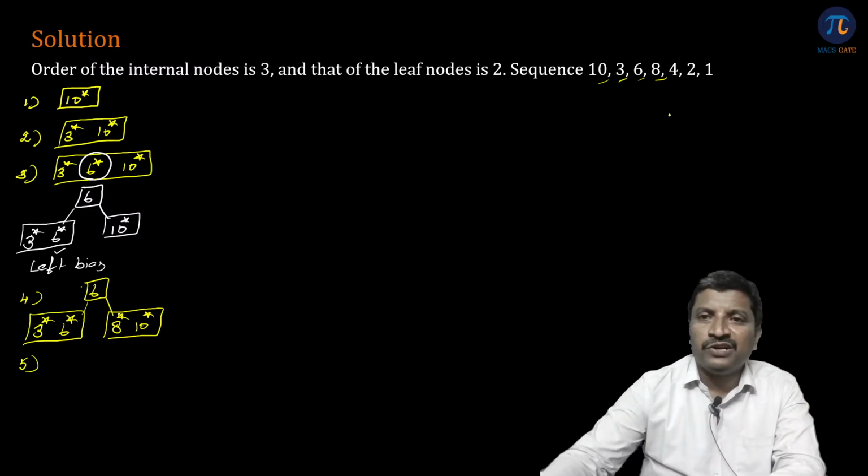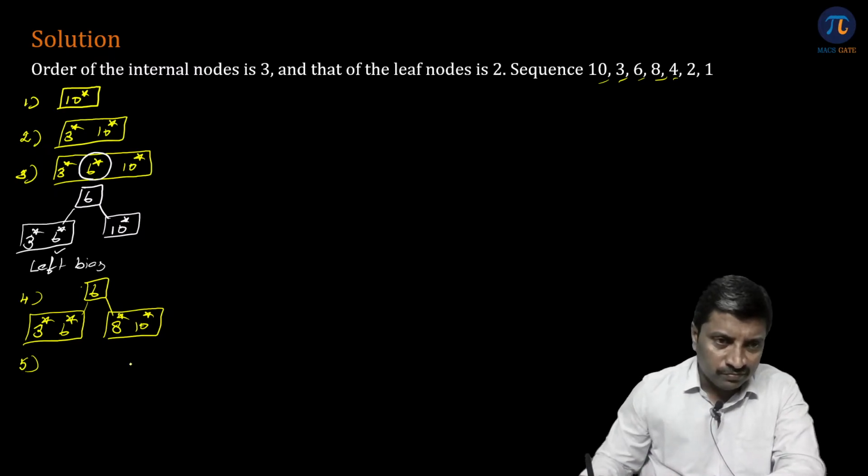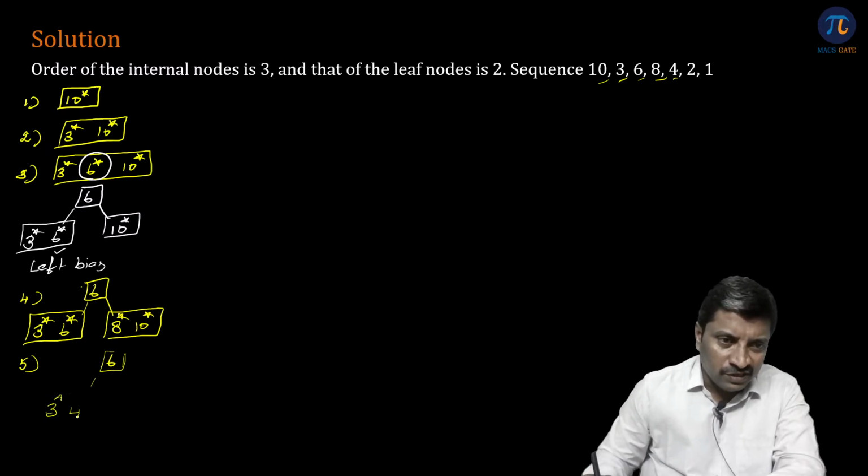Then what about the next value? 4. I think 4 will come to the left node. 6 to the left of it. 3*, 4*, 6*.